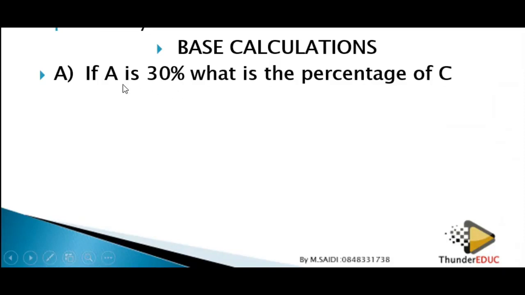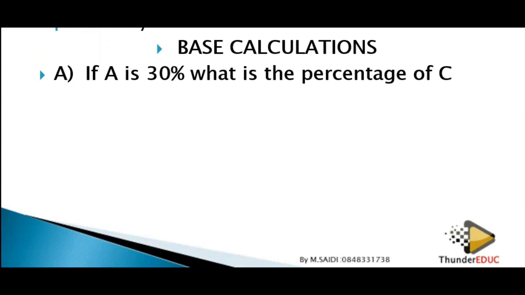Now, if they say that adenine is 30%, it means that adenine complements with thymine. Remember James Watson and Francis Crick, they say that these are complementary base pairs. How did they find that? They found out that the percentage of adenine is equal to the percentage of thymine. Therefore, those are complementary base pairs.